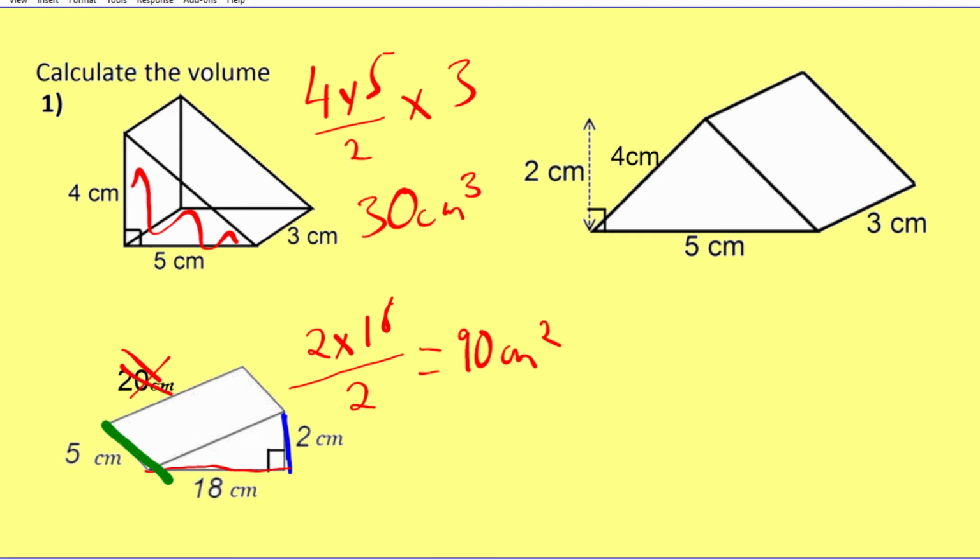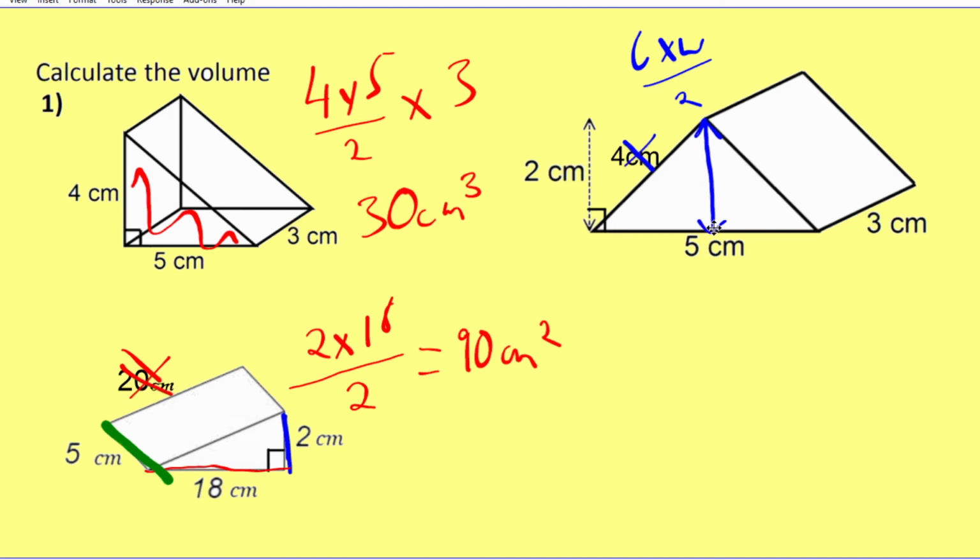Okay, moving up here then, we've got 5, 3, 4, and 2. Remember, it's the length times the width, or base times height, divided by 2. So the base is 5. The height, it's not the 4, because that's on a diagonal line. It's this height directly up. So from here to here would be 2. So that's our height.